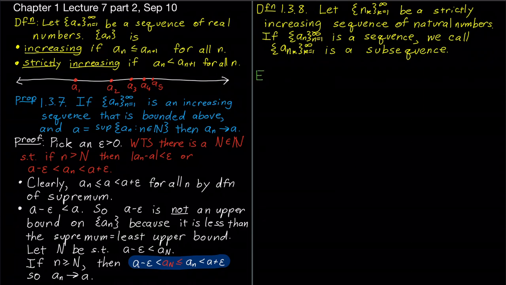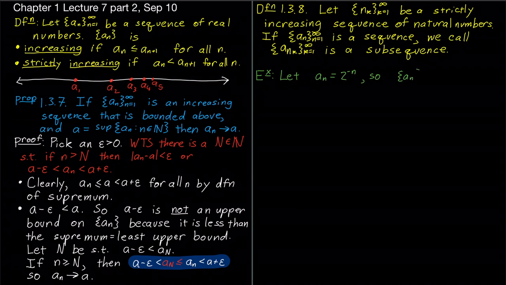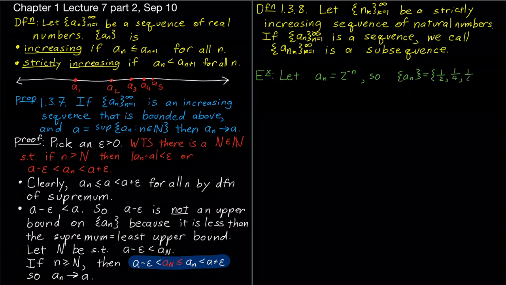And let's have a couple of examples. Let an be 2 to the minus n. So our sequence of an's, that's the sequence 1/2, 1/4, 1/8, 1/16.